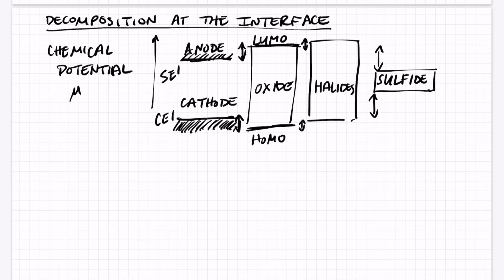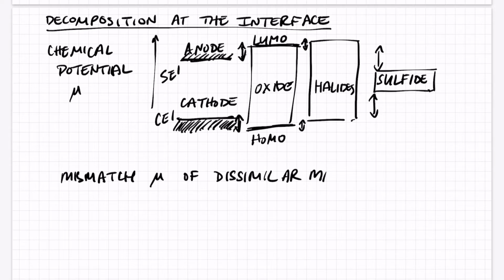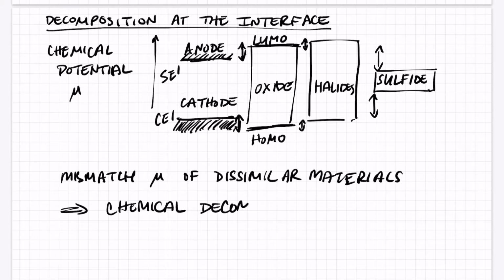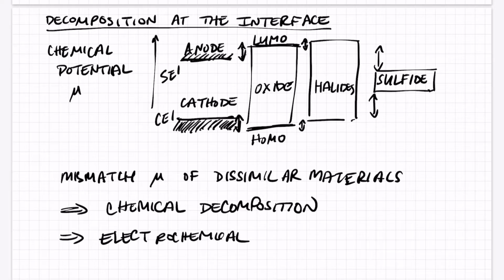So clearly there is a mismatch of chemical potential of dissimilar materials. And so this will lead to chemical decomposition as well as, once you start cycling, of course, electrochemical decomposition.